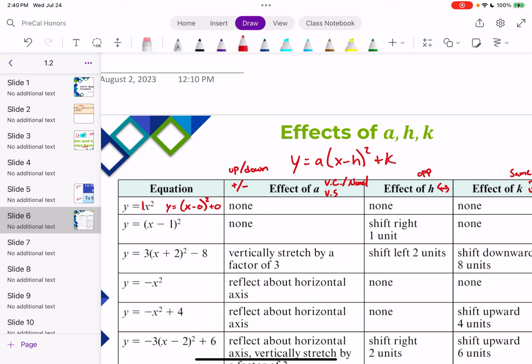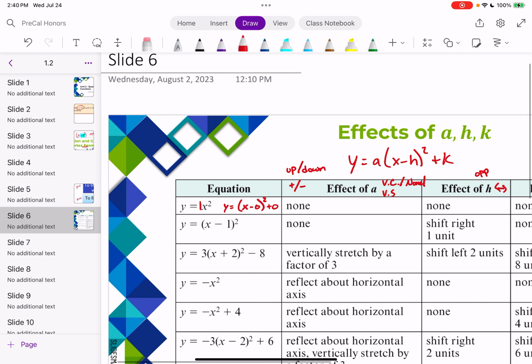If we go to the next one, x minus 1 squared. Notice now we have an H. So our vertex here, keep in mind, do we have a K? No, we don't. Our vertex would actually be 1, 0.